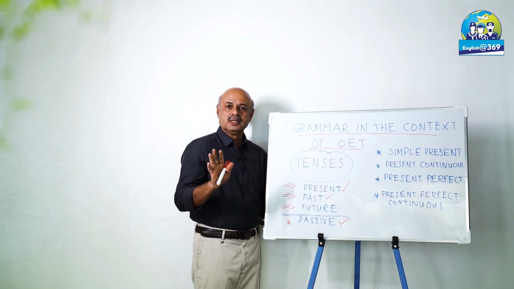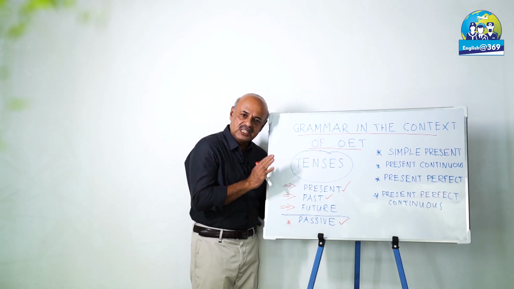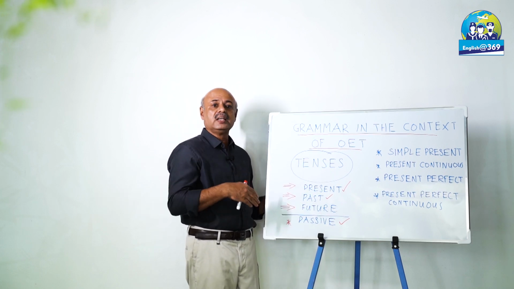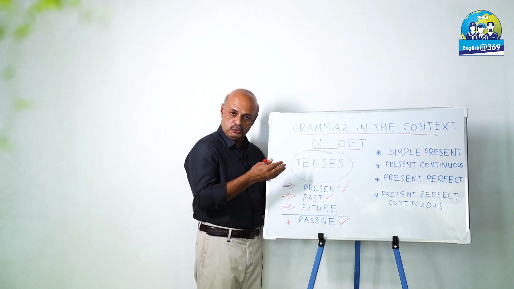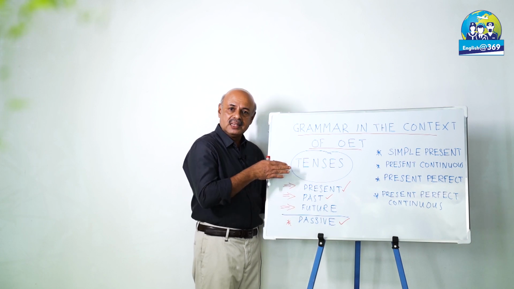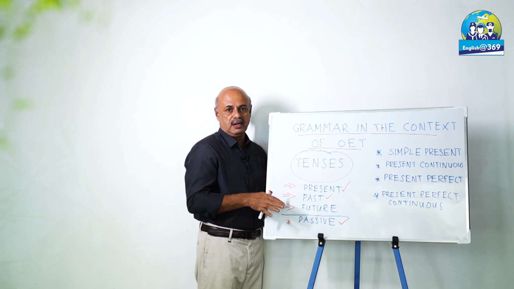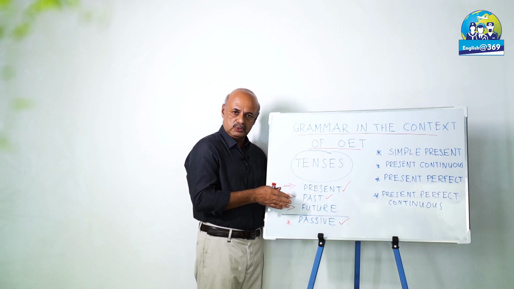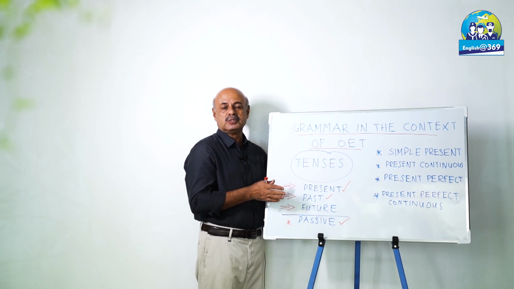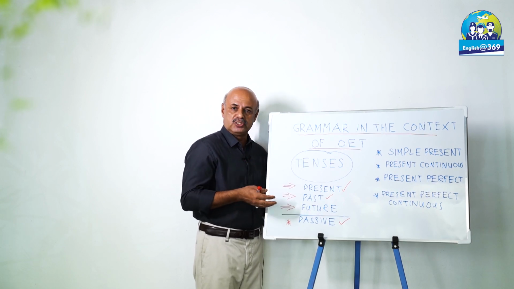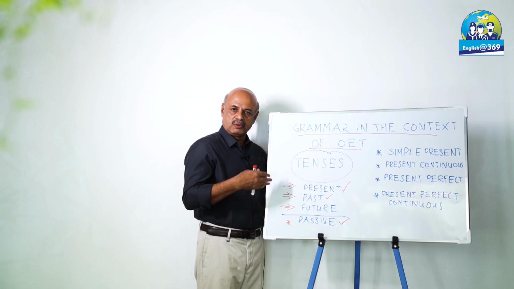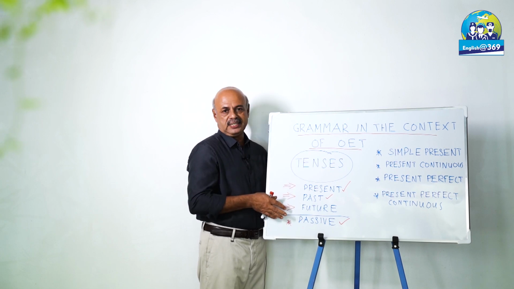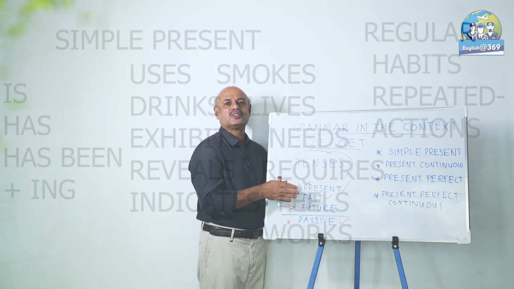When you write that particular paragraph in your writing, regarding social history, the lifestyle, the social background, the family background, and the regular habits, what he does regularly, what she does regularly, all those things come in the present tense. Let's have a look at that in the context of OET.